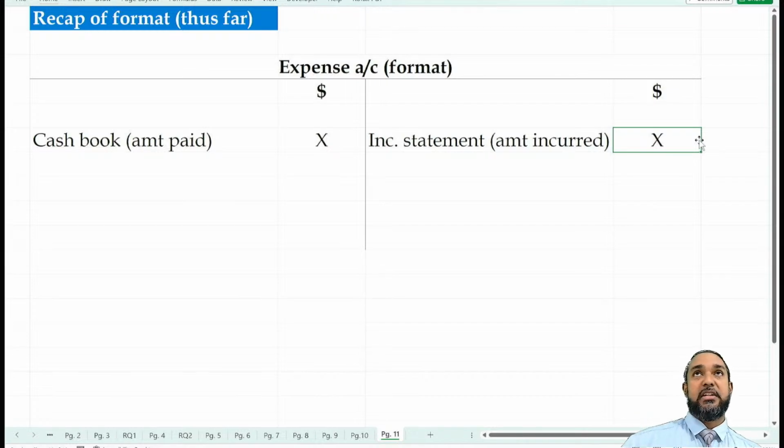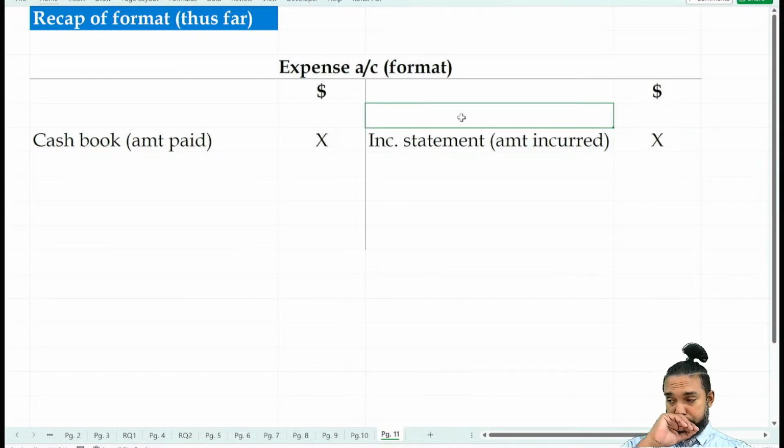It's also referred to as an amount outstanding, an amount in arrears, an amount not yet paid, right? But normally we call it the accrued expense. All right, so an accrued expense is classified as a current liability because it's an amount owed. And anytime we owe anybody anything, that's classified as a liability. Liabilities have credit balances at start, right?